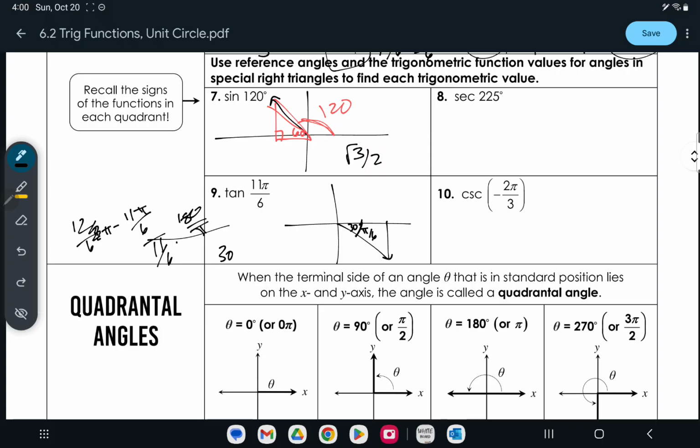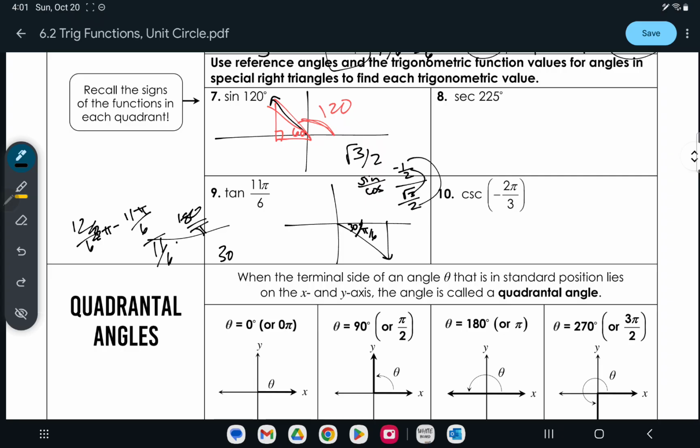Tangent is sine over cosine. And let's see. Sine would be -1/2, and cosine is √3/2.